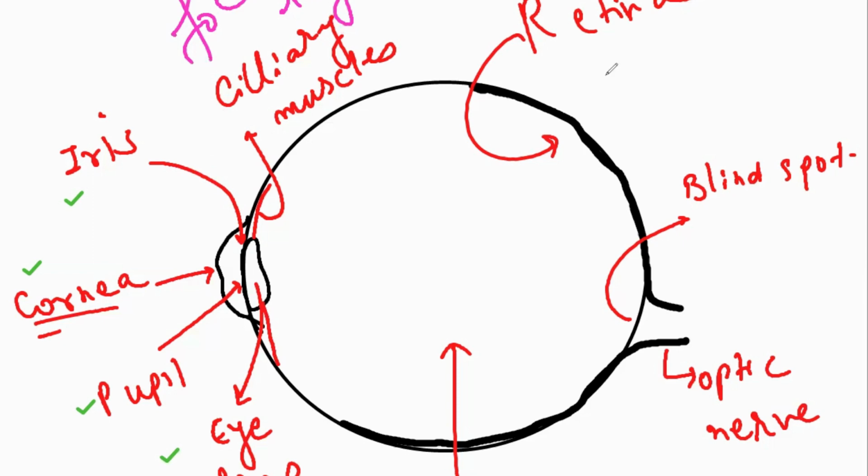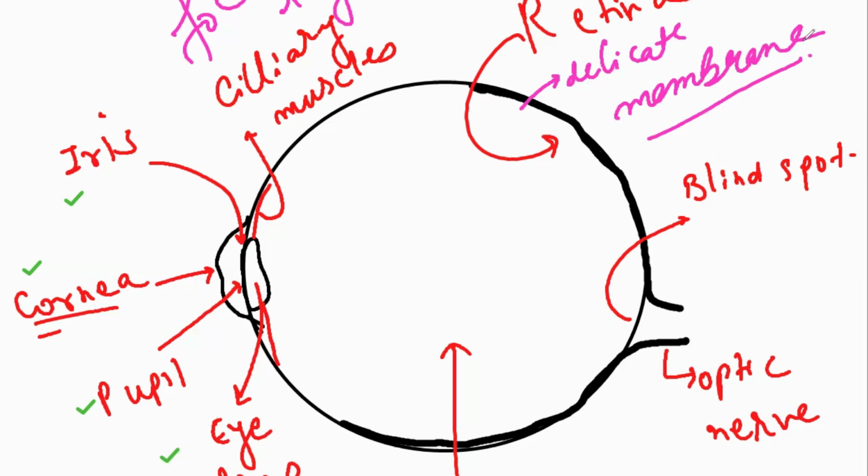Now there is the retina also. This is the screen of the image. The retina is the screen of the image which is formed in our eyes. The retina is a very delicate membrane having a large amount of light sensitive cells, known as rods and cones.